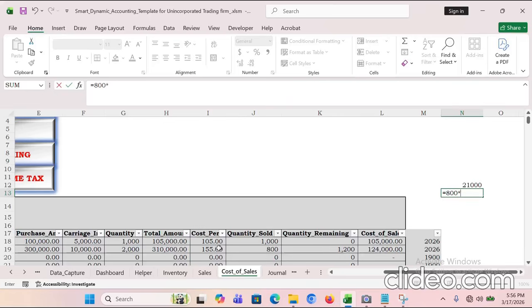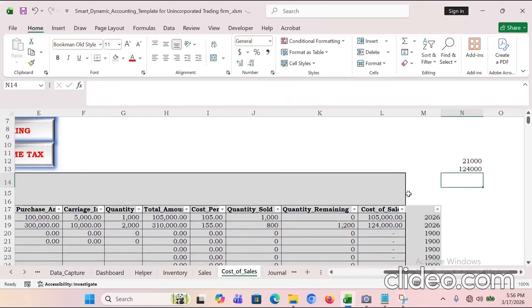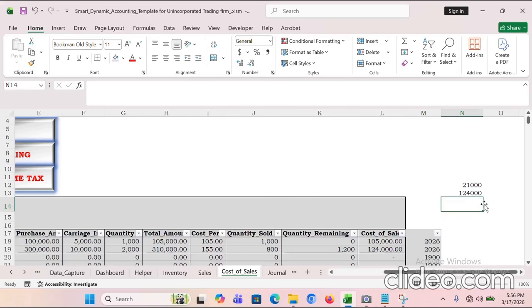This is it, 155 cost per unit. By the time we add these two together, 21,000 plus 124,000, we have 145,000 as the cost of sales.